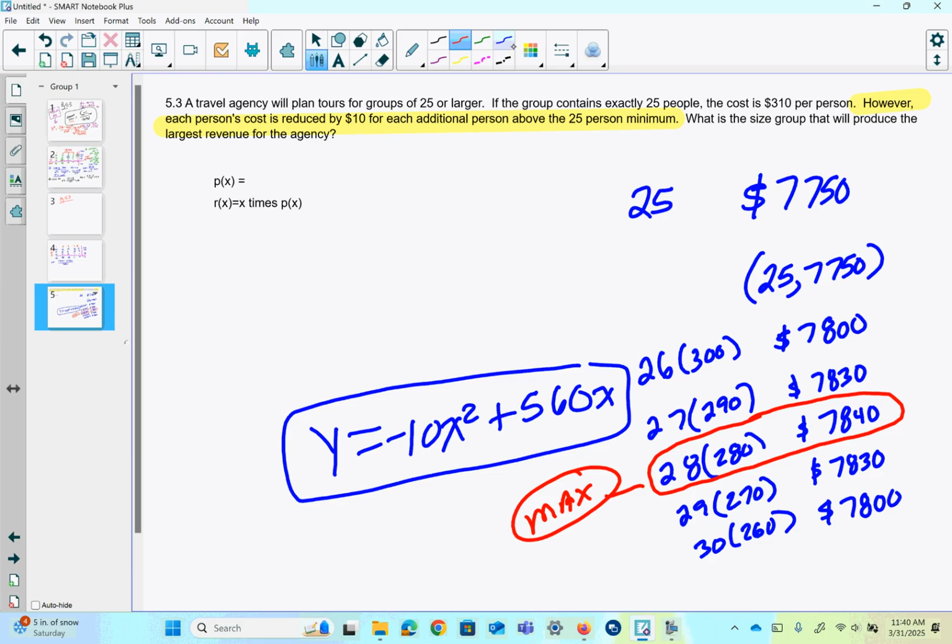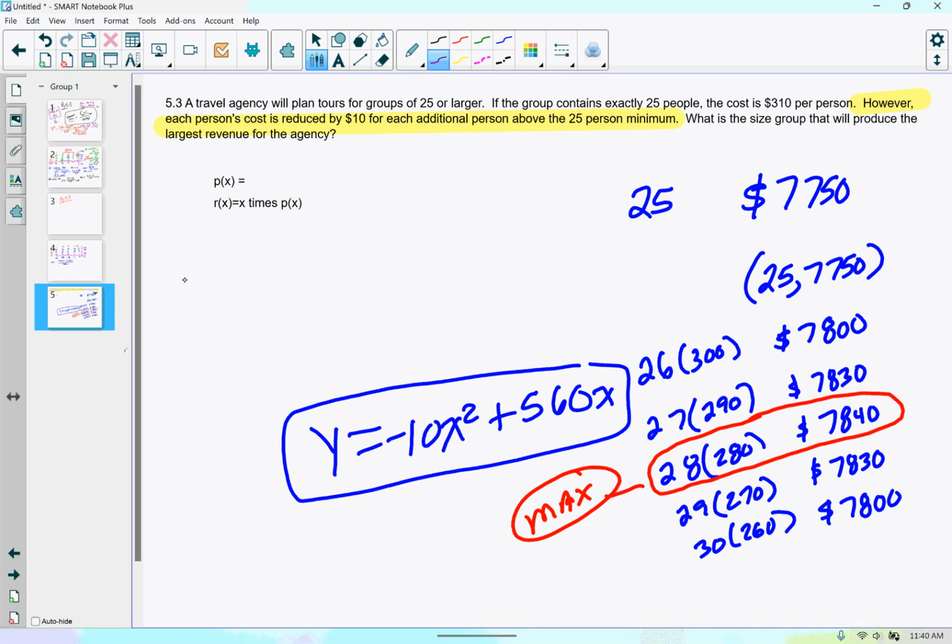So if I had taken it this way, 25 people would have a cost of $7,750. But as soon as I bring in the 26th person, that person is only going to pay $300.